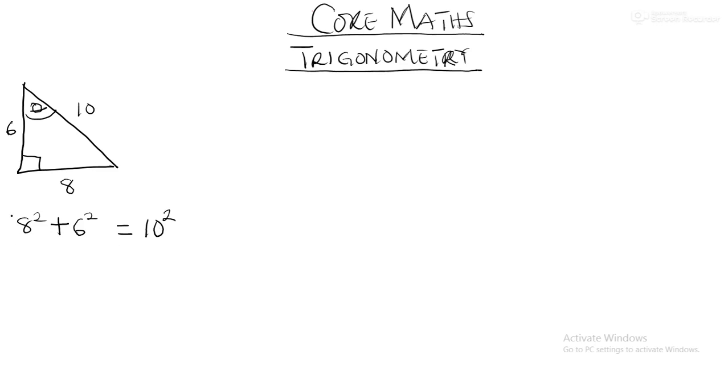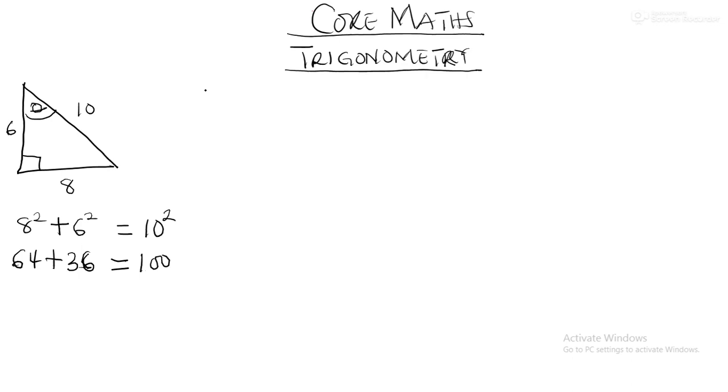Let's check whether the relation is true. 8 squared is 64, plus 6 squared is 36. 64 plus 36 is equal to 100. And 10 squared is also 100.